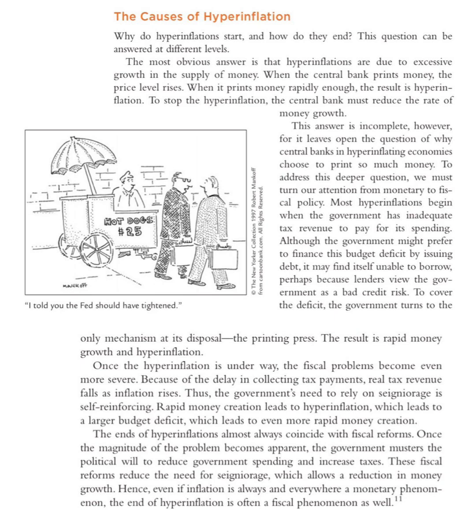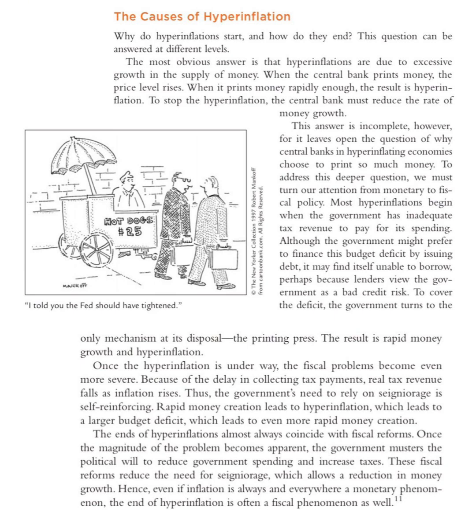However, even in 3 months during hyperinflation, the real purchasing power of money keeps decreasing. Because of the delay in collecting tax payments, real tax revenue falls as inflation rises. Thus, the government's need to rely on money creation is self-reinforcing. Rapid money creation leads to hyperinflation, which leads to a larger budget deficit, which leads to even more rapid money creation. So it is just a closed system.